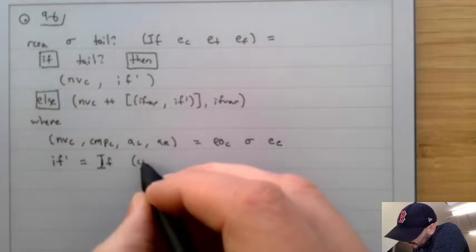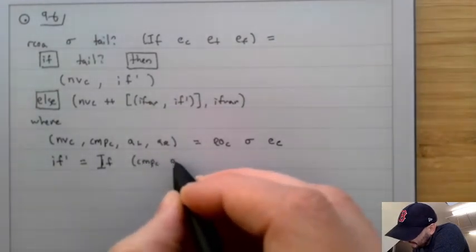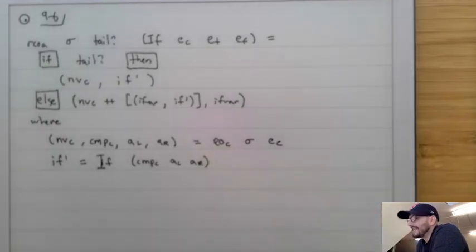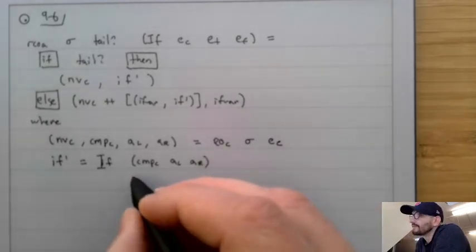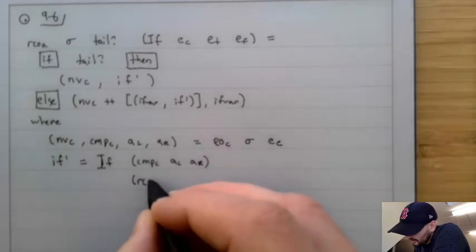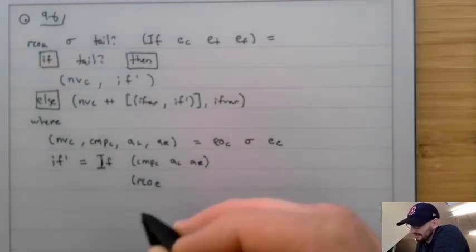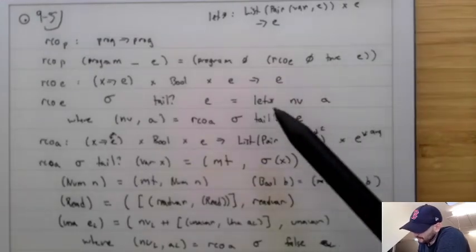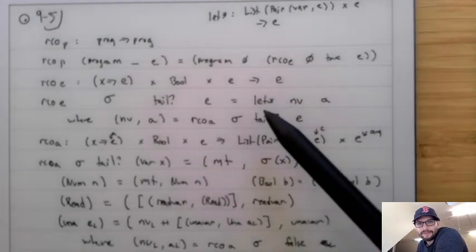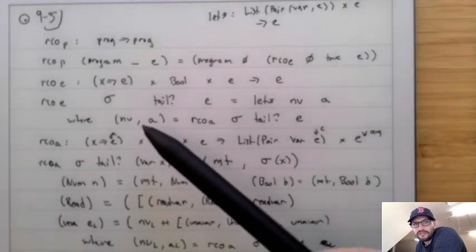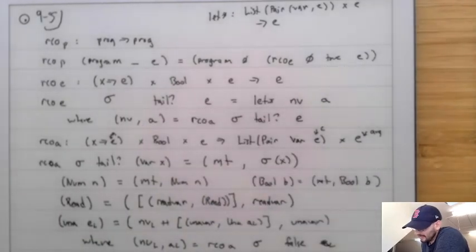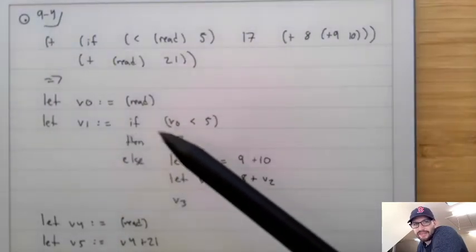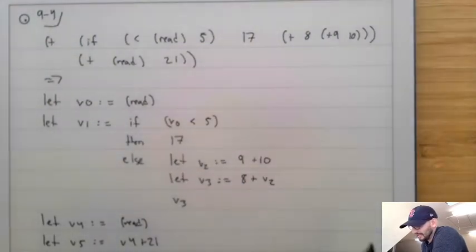And it'll be whatever the comparison is, with the argument on the left and the argument on the right, where its then side is calling RCOE. Remember, RCOE is the one that uses the let star. It's the one that captures all of these new variables and turns them into lets. Because remember, if the right-hand side of a variable is an if statement, then it needs to capture all of those lets.